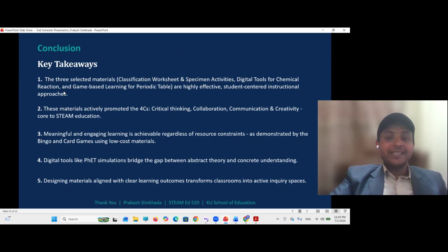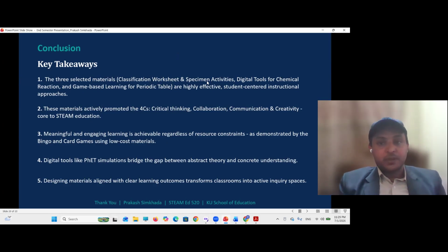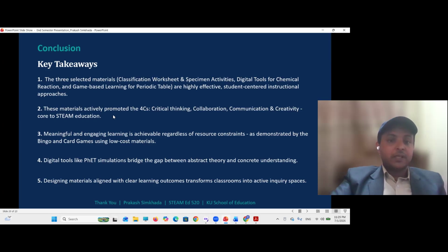The key takeaways are that the three selected materials, the classification worksheet and specimen activity, the digital tools for chemical reactions, and game-based learning, form a predictable and highly effective student-centered instructional approach. This material actively promoted critical thinking, collaboration, communication, and creativity.